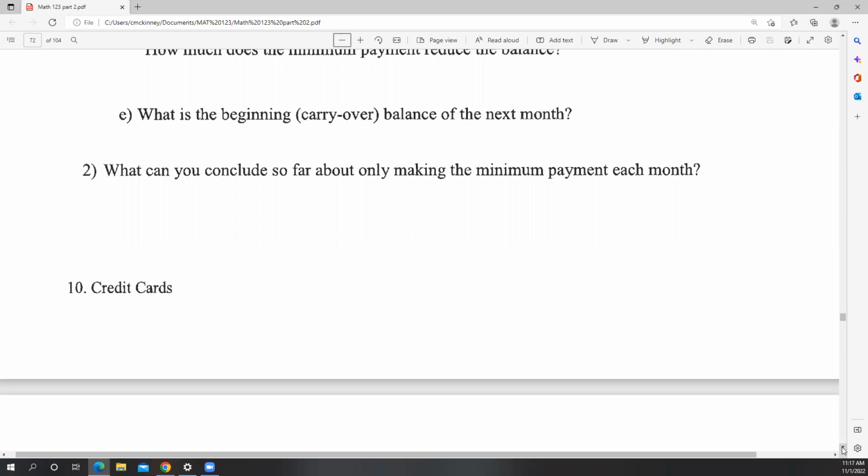So the carryover, yes, okay, good. So the carryover balance is $2,965.76. So if you only make the minimum payment, the minimum payment would be $91.72.